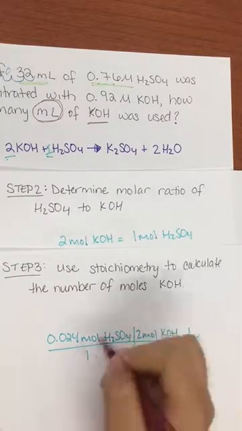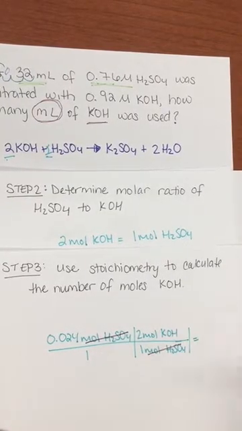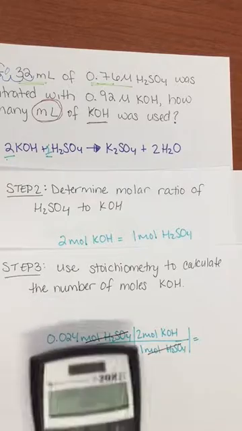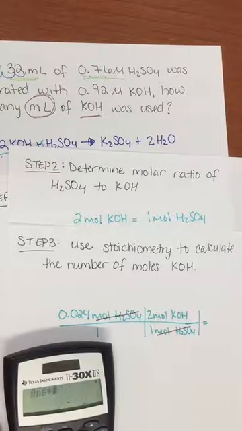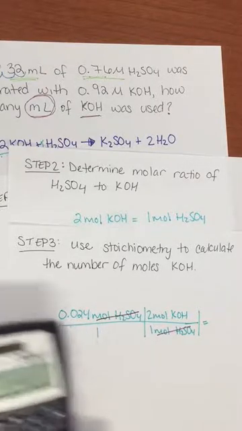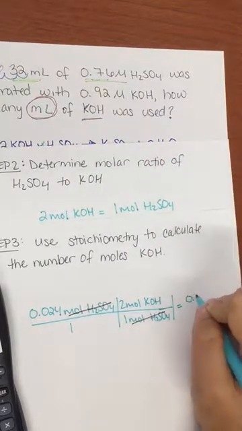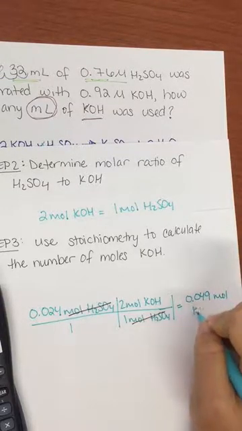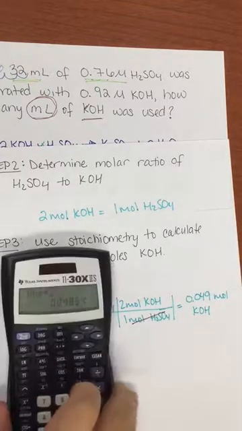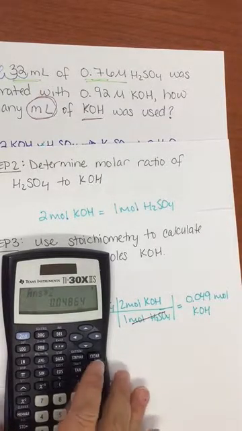My mole H2SO4 divides out. So take that 0.024 times 2, and I have 0.049 mole KOH. It was 0.0486, so I round up to 0.049 so that I have 2 non-zero digits.